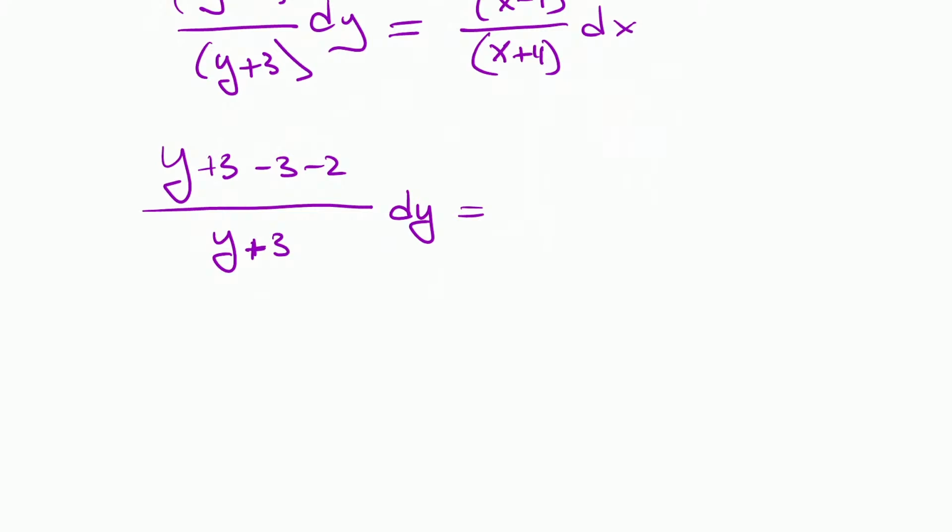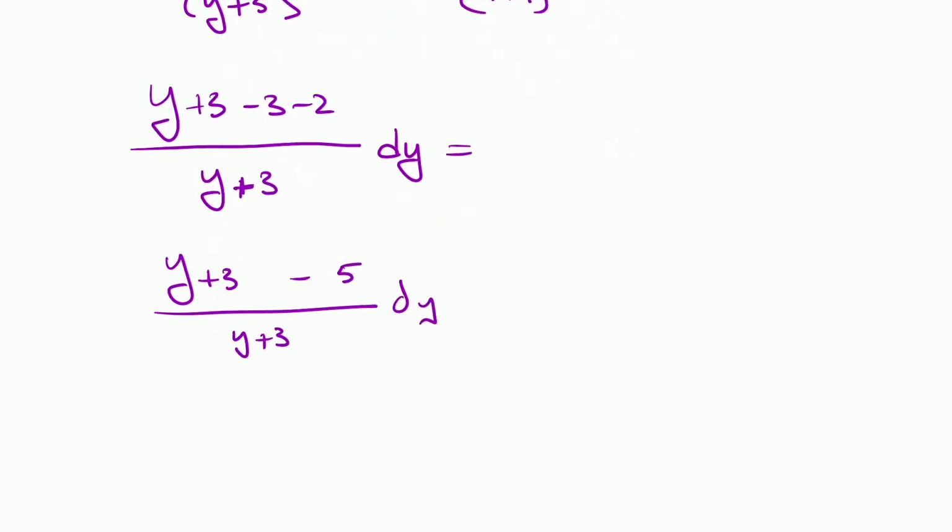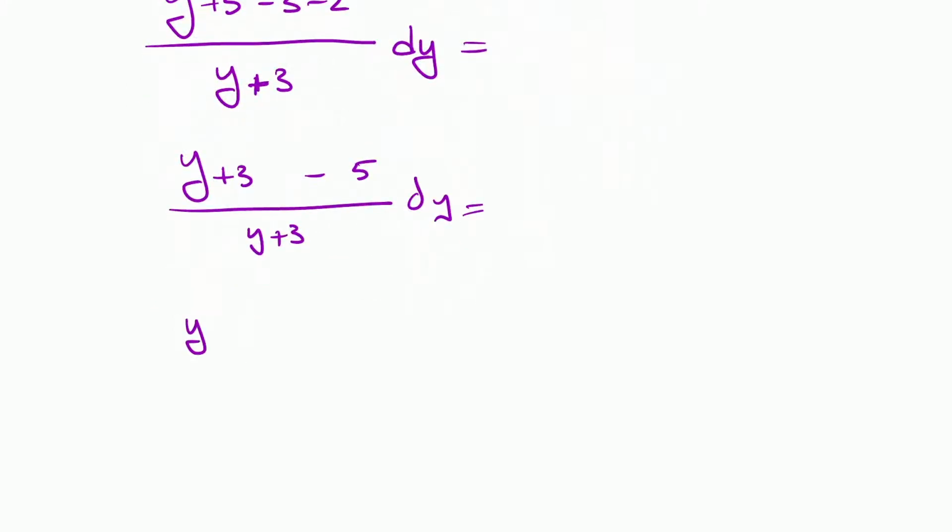You probably can see where it's going, but just in case, I have y plus 3 minus 5 over y plus 3. And then, of course, hopefully you can see that this separates into two fractions. And then the rest of this is pretty straightforward.